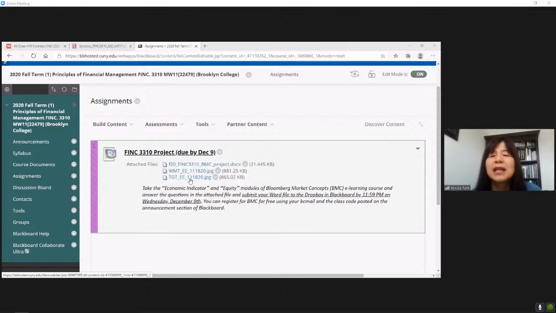You still have a lot of time until December 9th, but I'm emphasizing this project once more because it will take a while for you to complete. I hope you already started. I see many students are working on it using Bloomberg terminal. I provided the Bloomberg Market Concepts instruction at the beginning of the semester in the announcement section.